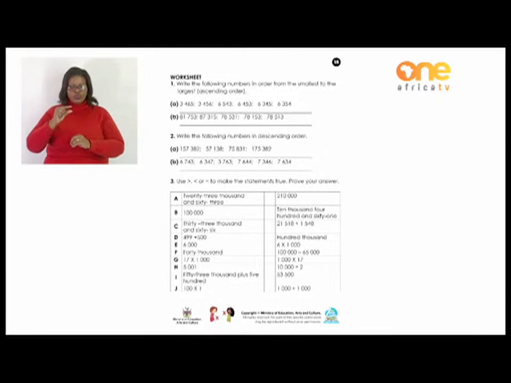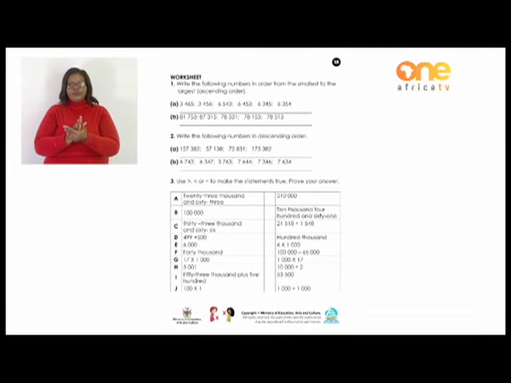So you are going to arrange numbers from the biggest to the smallest under A and under B. We go to the third question, where you need to use the three signs to make the statements true or to prove your answer.